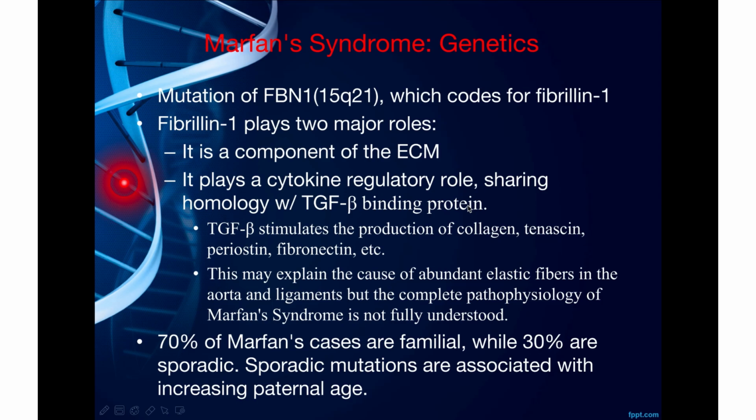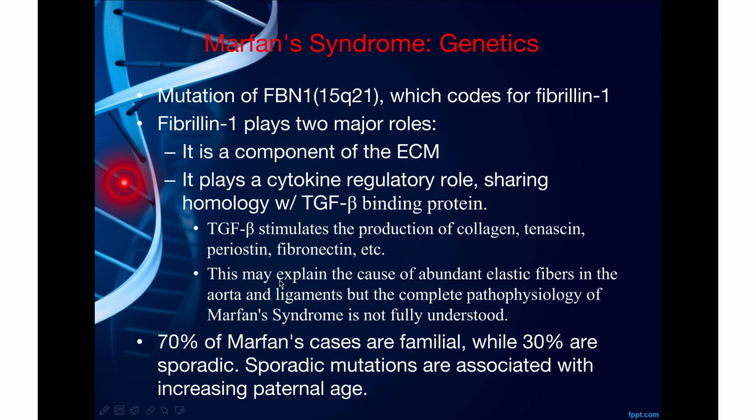TGF beta stimulates the production of collagen, tenascin, periostin, fibronectin, and so on. So with more TGF beta activity, you have more production of these things, however, you won't have sufficient fibrillin 1.